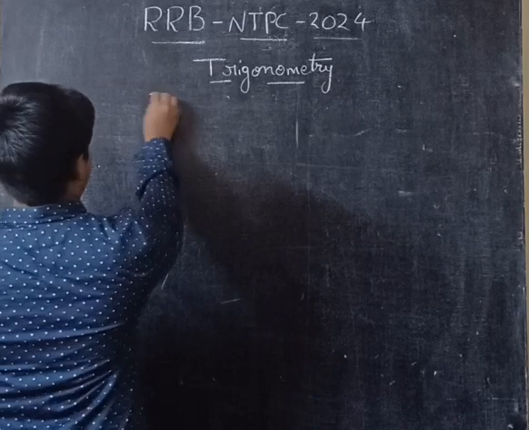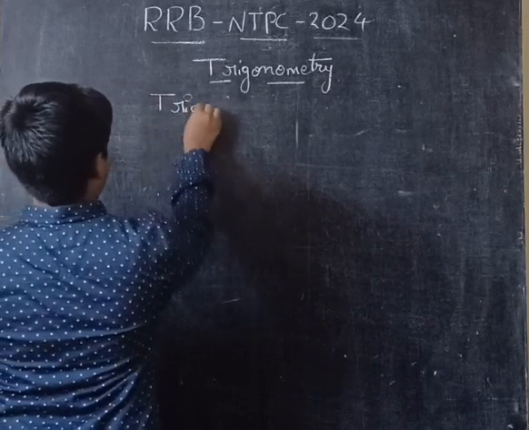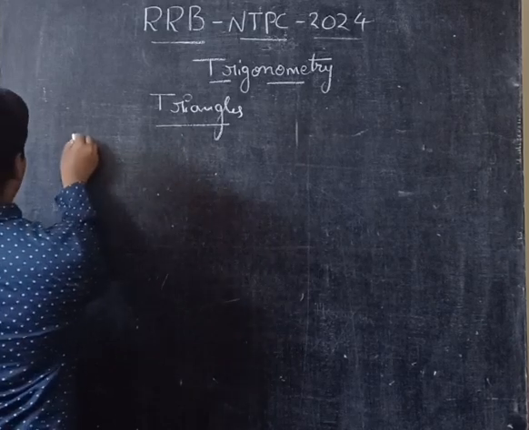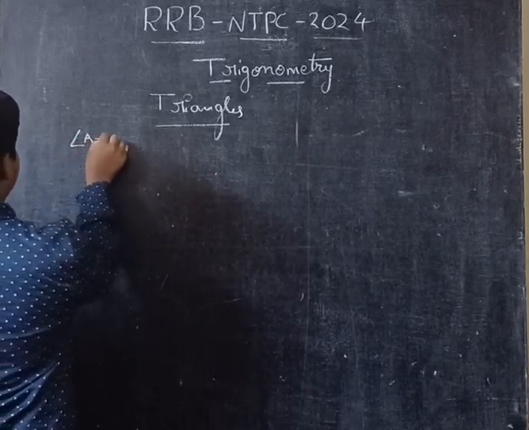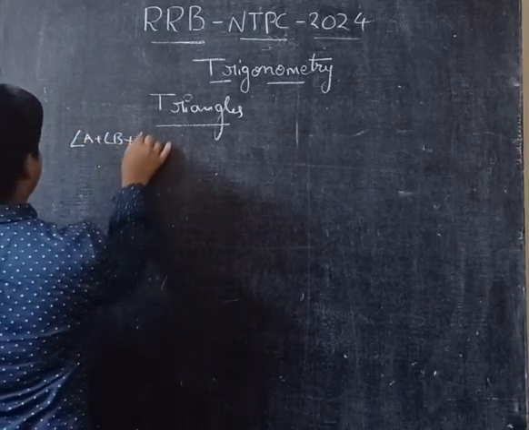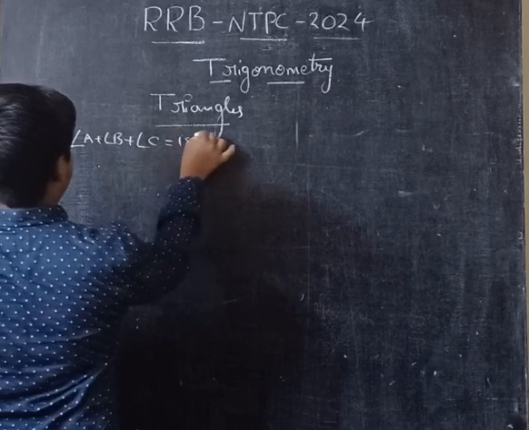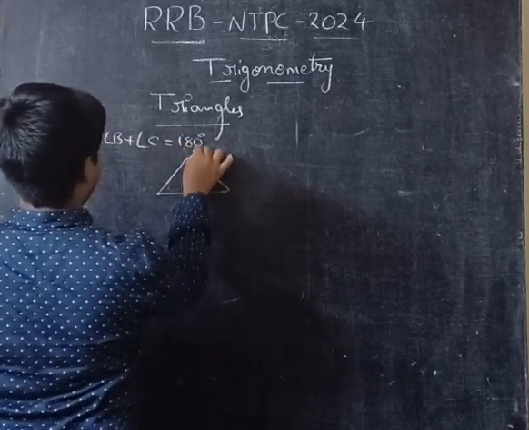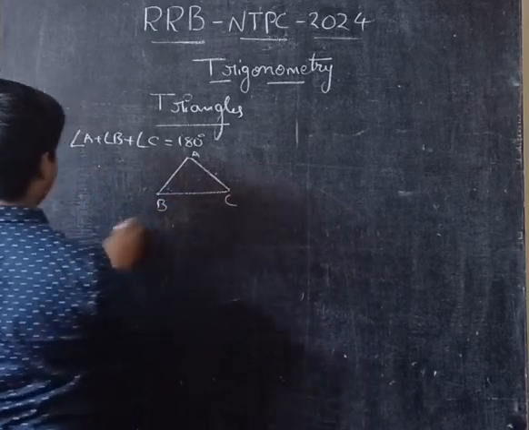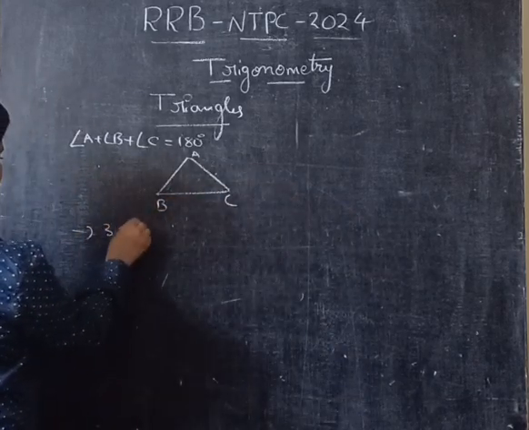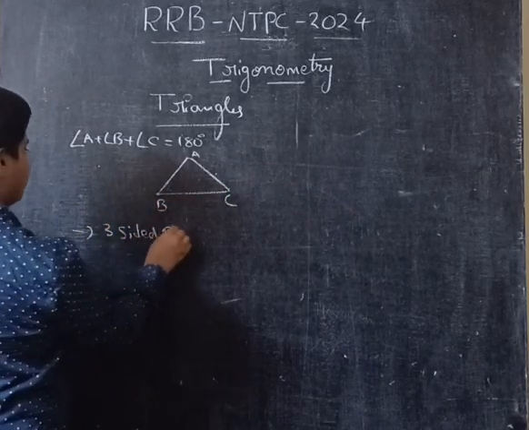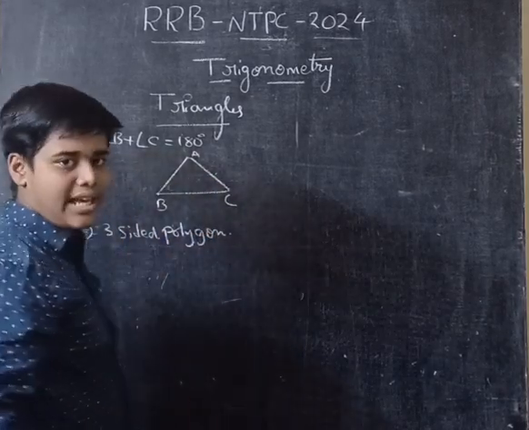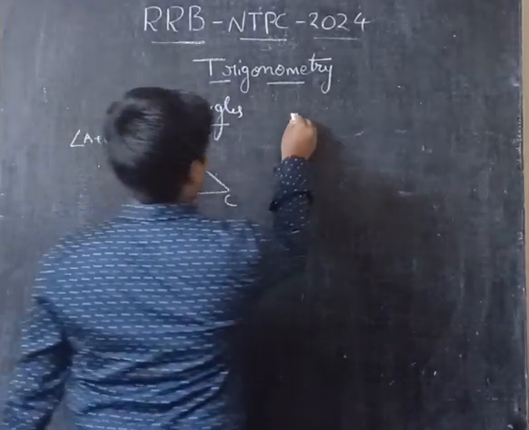So in this triangles, we already learned angle A plus angle B plus angle C is equal to 180 degrees. If I take a triangle like this, A, B, C, and it is a three-sided polygon. Three-sided polygon. So in triangles there are three types.